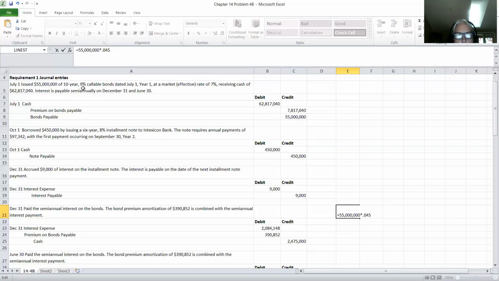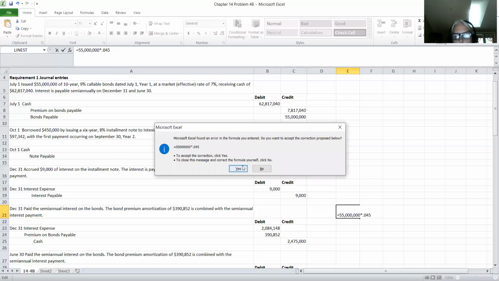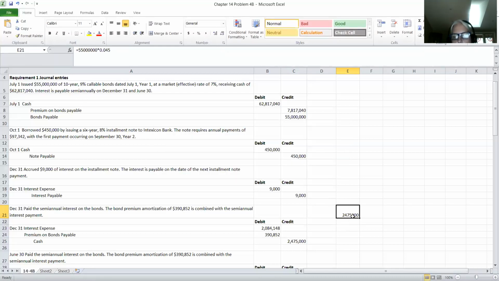So if we were making the interest payment, the total amount of the interest expense would be $2,475,000.